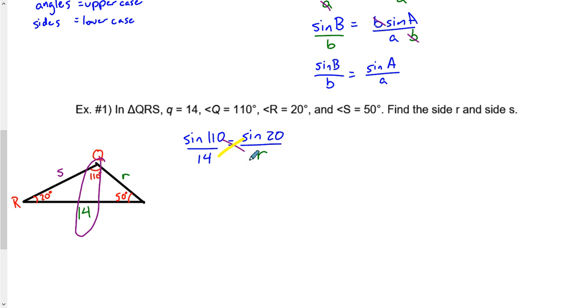So sine of 110 multiplied by R. I usually like writing my variable in front. You can write it at the end.